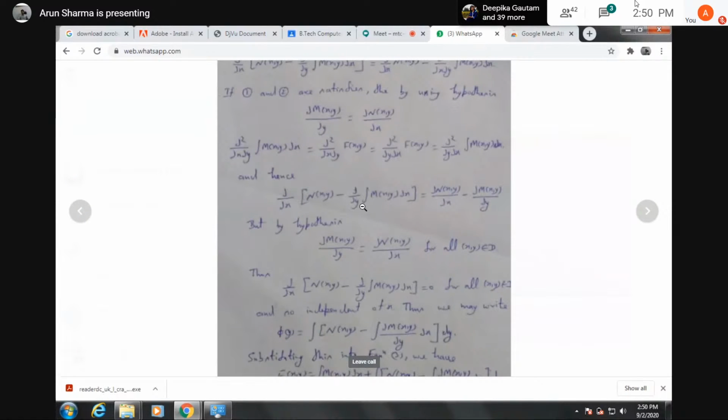So if you take this del x inside, and if you interchange del y del x, then del x of the integration of M(x,y) del x will become just M(x,y). Why? Because you have del x and you have integration with respect to x. Integration is the anti-derivative, so you will have just M(x,y).